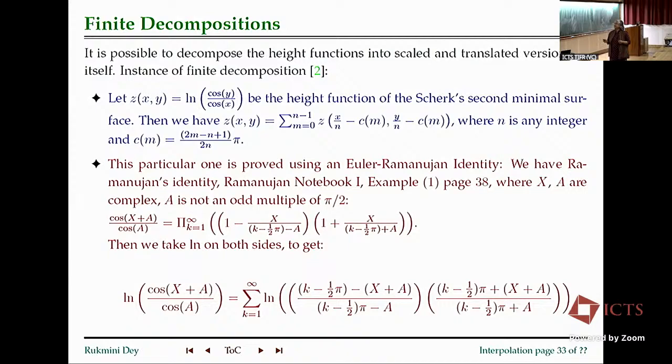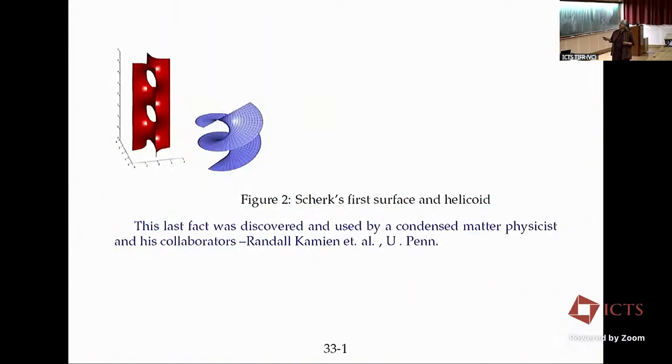Okay, so once you see this, you don't forget it, right? So how did the condensed matter physicists figure this out? These are screw dislocations, and they array them in a plane.